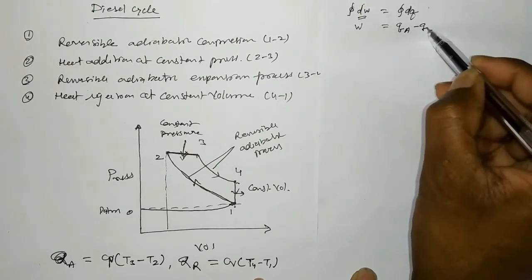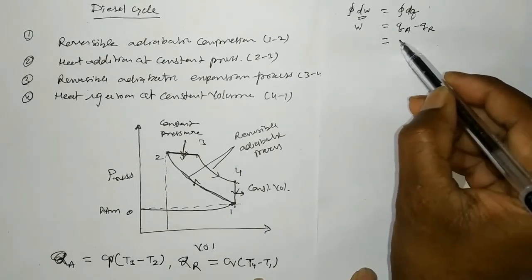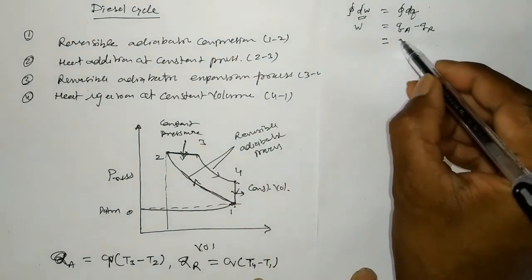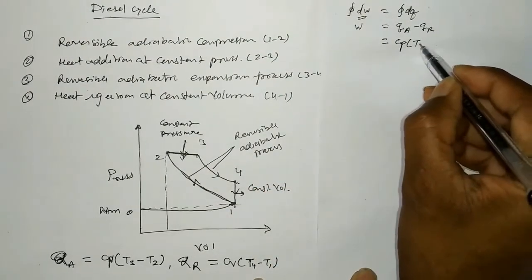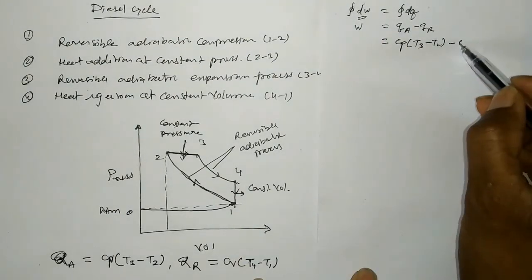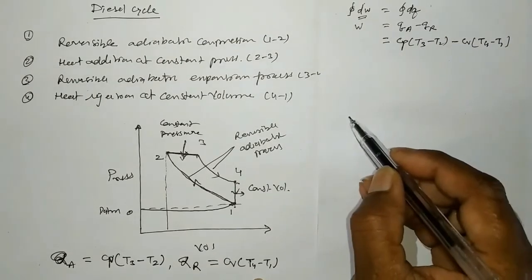Q_A minus Q_R. That will equal Q_A, that means heat added at constant pressure process, Cp (T3 minus T2), minus Q_R, Cv (T4 minus T1).